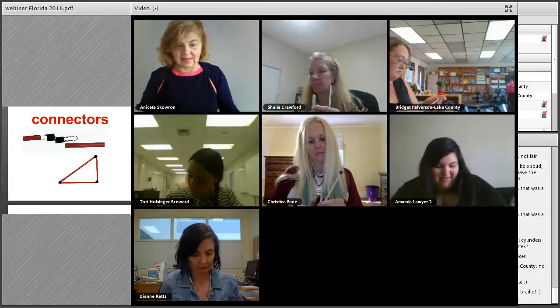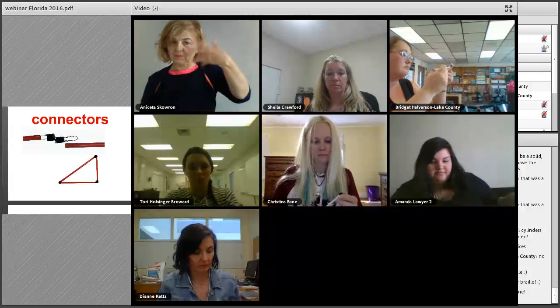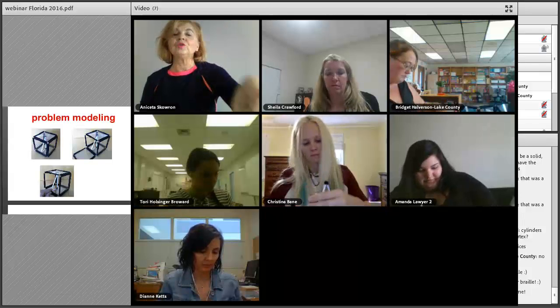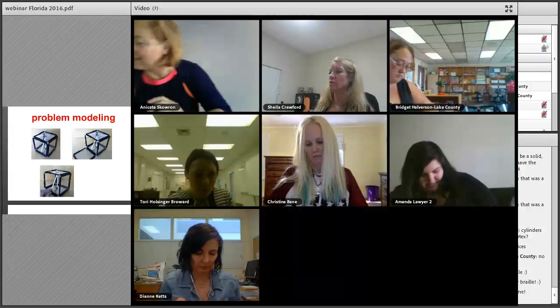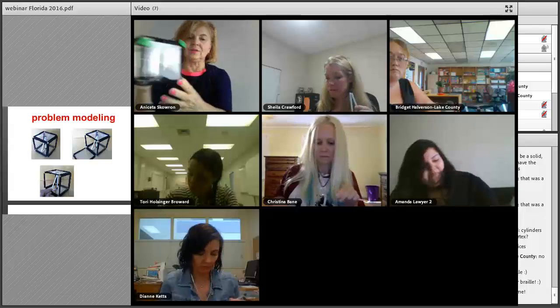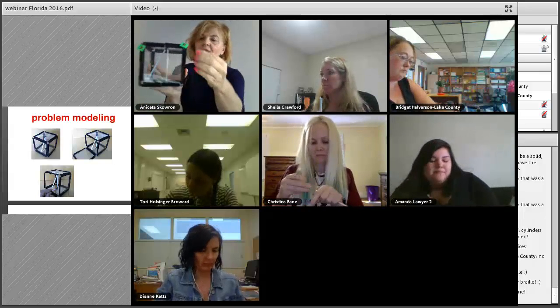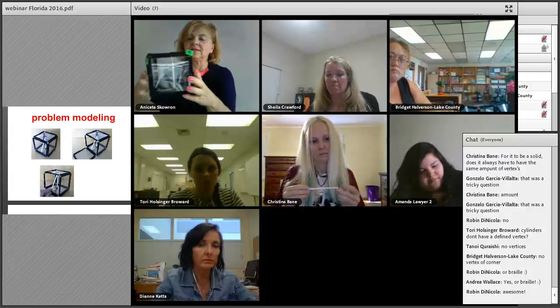Now, how is this going to be used to actually model in 3D geometry? You could put those triangles, if you cut them. So here I have something that I already made. I have a cube that I labeled the edges, and I made a triangle inside that will model some problem.